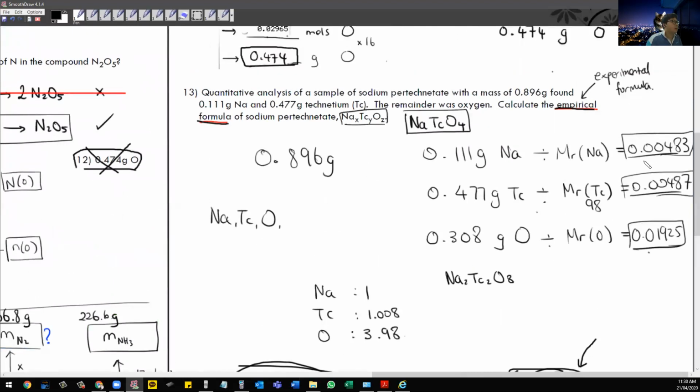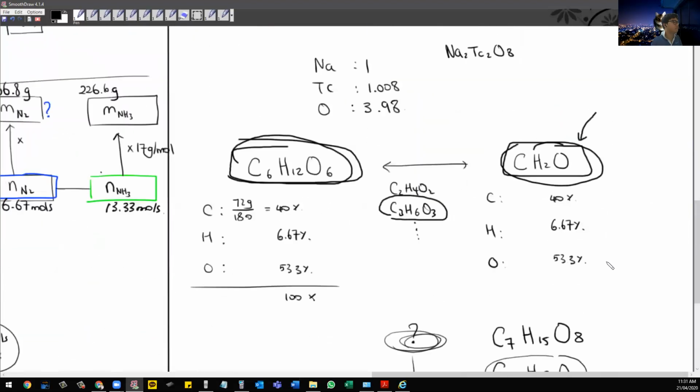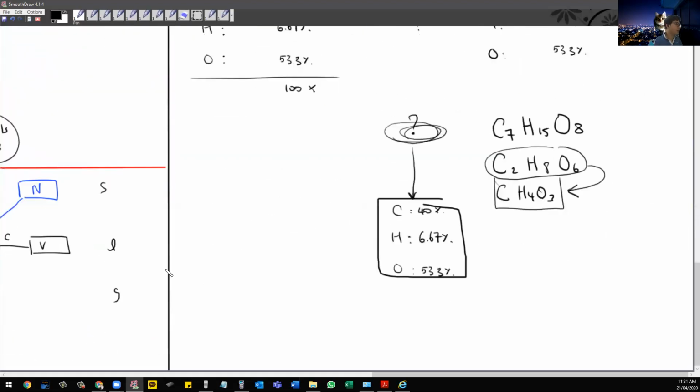So what we got here is, we just divide by the lowest number. Divide that one by itself, then you get 1. Divide this one by that one, then you get this one. So it's 1, 1, 4. That's pretty good. So let's say you have carbon, hydrogen, oxygen.